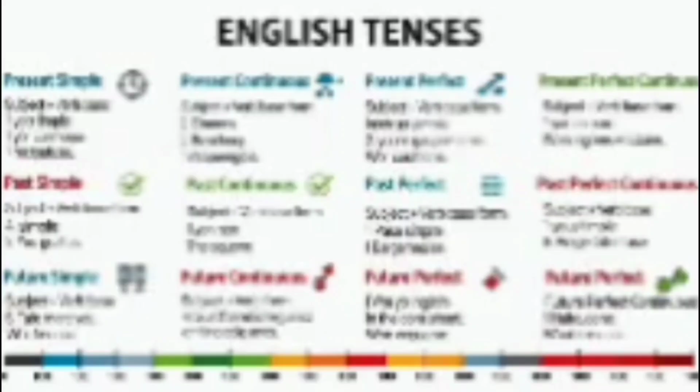So these are the 12 main tenses in the English language. English tenses help us speak and write correctly. When you take a test or an exam, you should learn the specific duration of time of each tense.